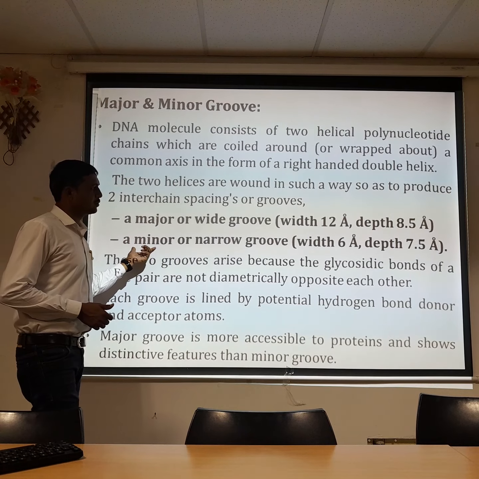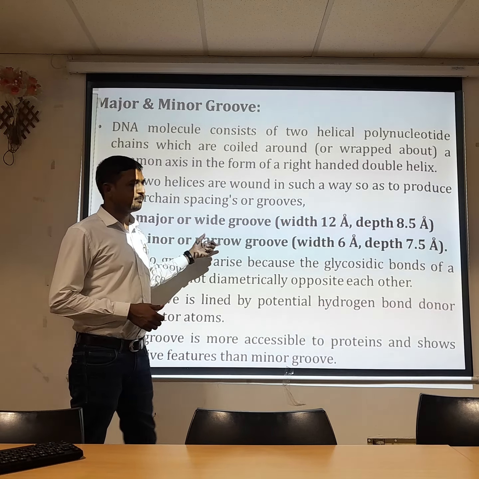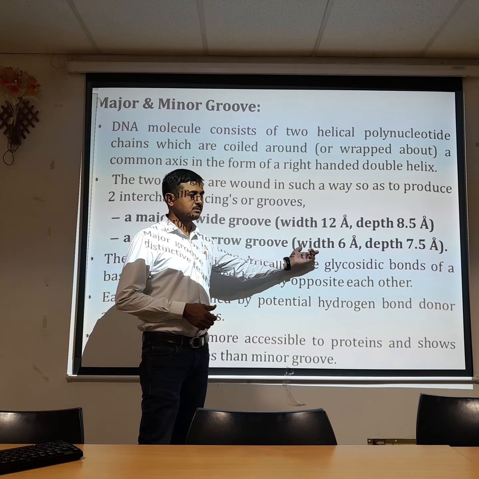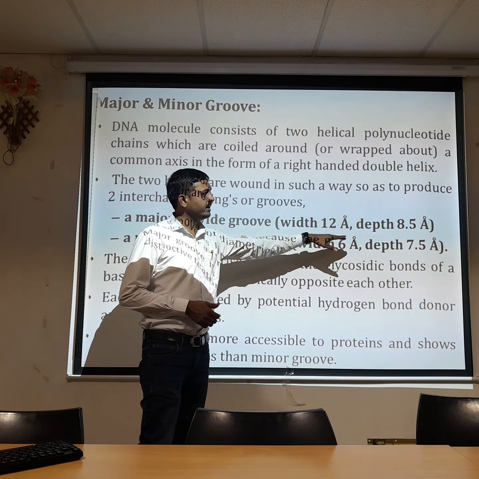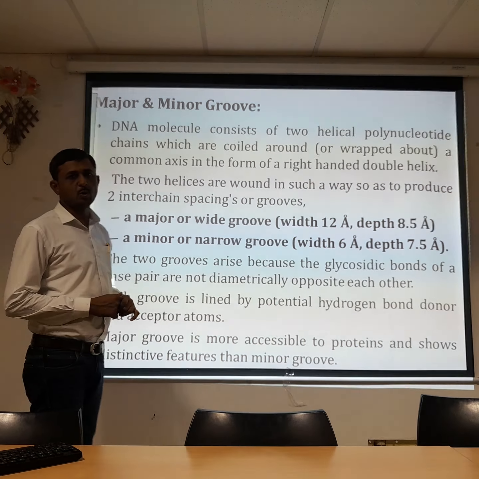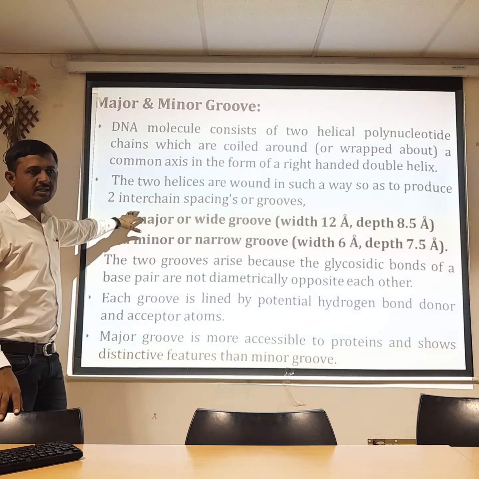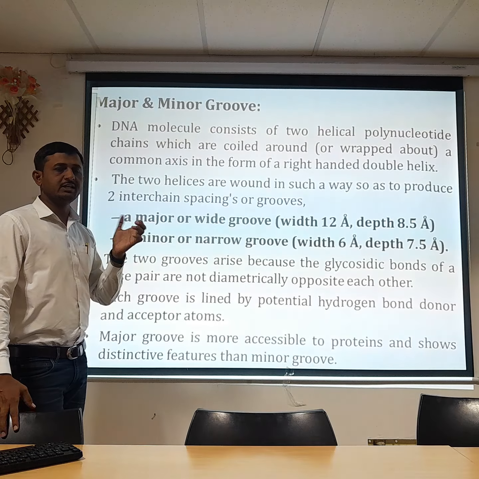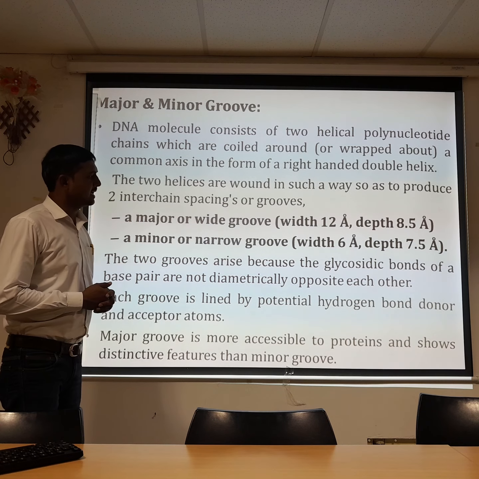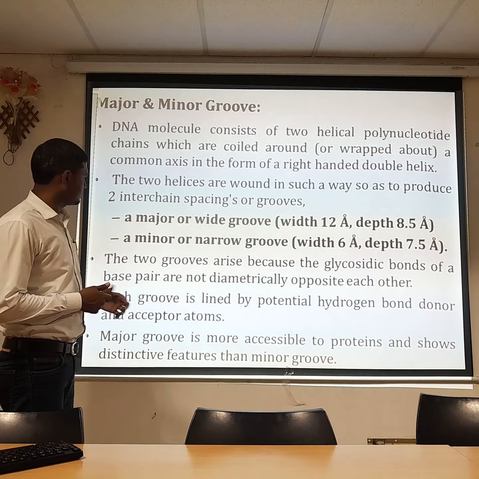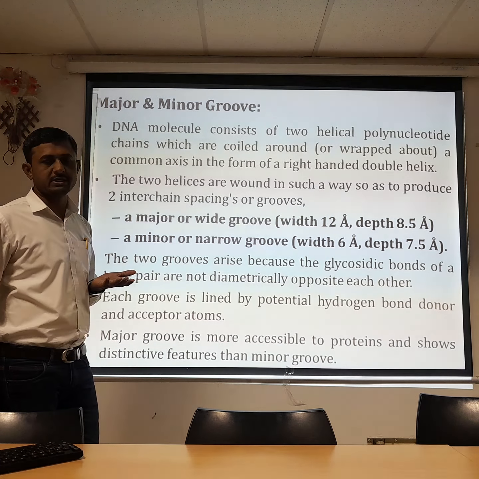The minor groove is also called the narrow groove, and its width is 6 angstrom and its depth is about 7.5 angstrom. So on the basis of their width and depth, the major and minor grooves can be distinguished. The two grooves arise because the glycosidic bonds of a base pair are not diametrically opposite each other.